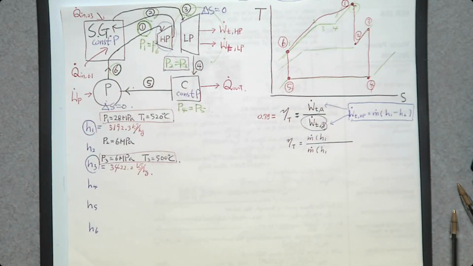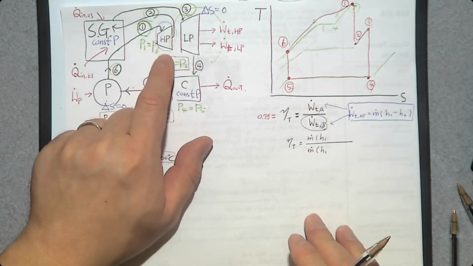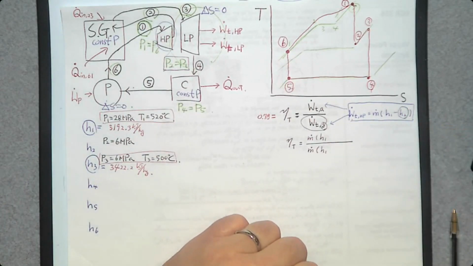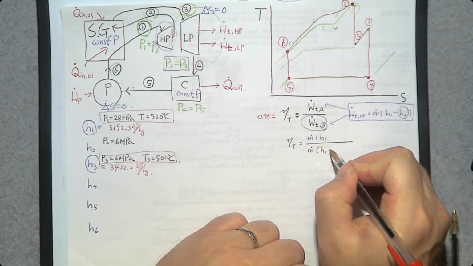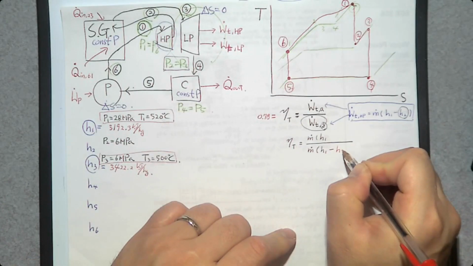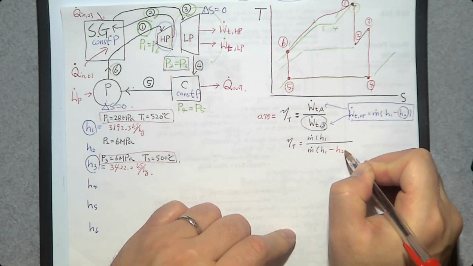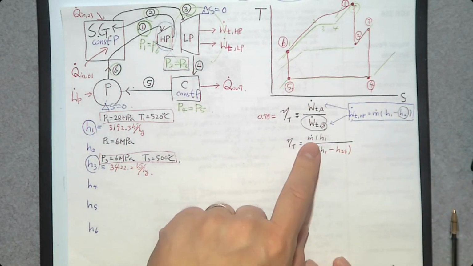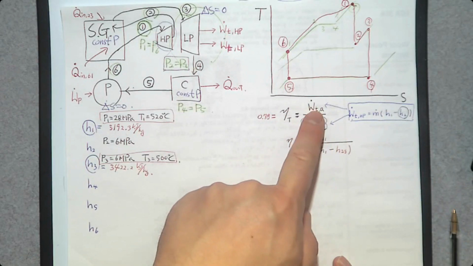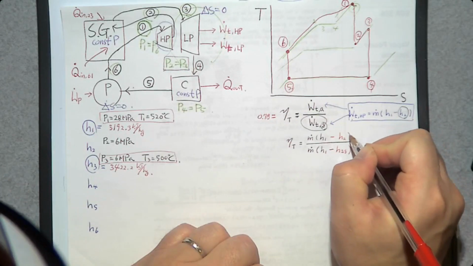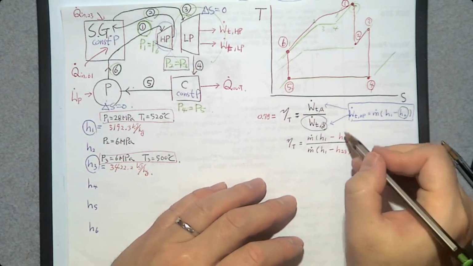The only difference between the isentropic turbine and the actual turbine is going to be the output. So the H2 is the one that is different. H2 of the isentropic turbine, I'm going to say H2S. And H2 of the actual turbine, I'm going to say just H2. And we want to determine this H2.